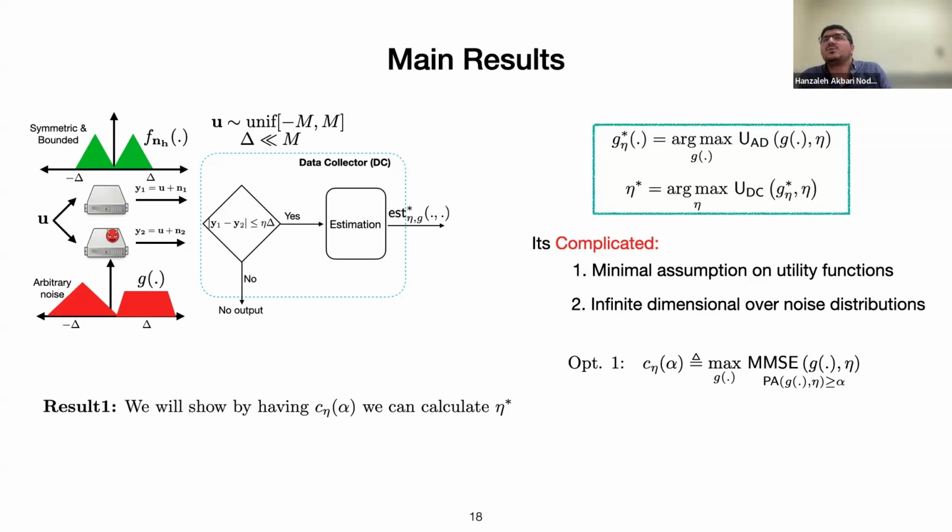I don't care what the utility function of the adversary and data collector is. Even so, this optimization problem is not dependent on the utility function of these players, and if you know the answer to this optimization problem, you can use it and find the equilibrium of the game. So that's kind of surprising. Okay.